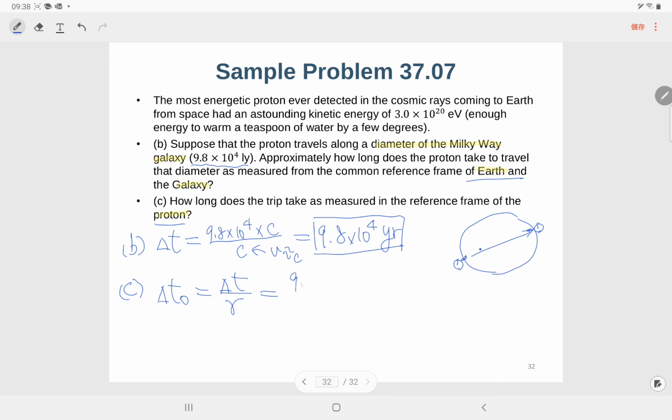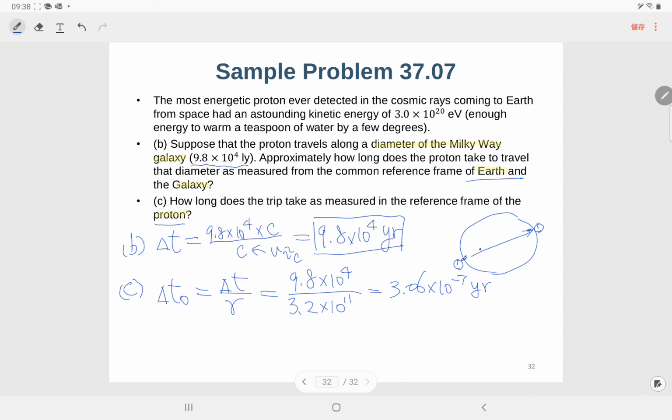So this is 9.8 times 10 to the 4th power over 3.2 times 10 to the 11th power, which is 3.06 times 10 to the minus 7 year.